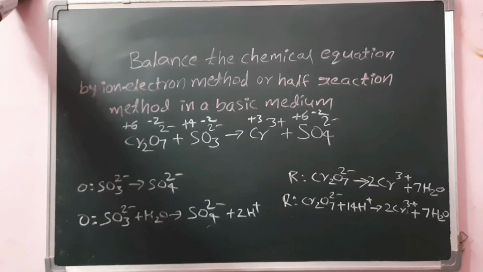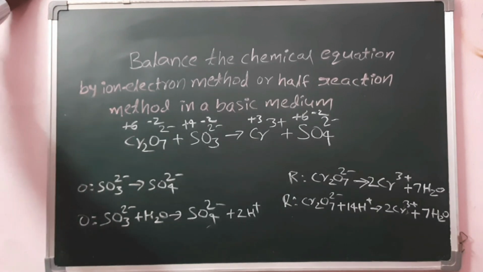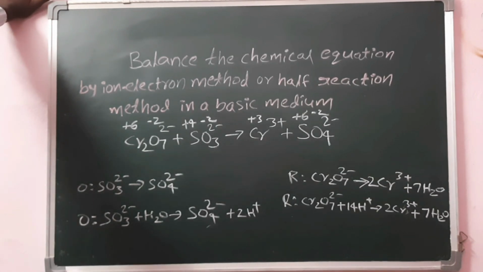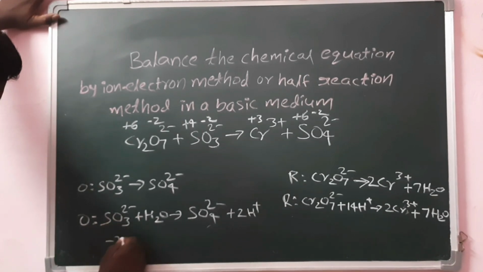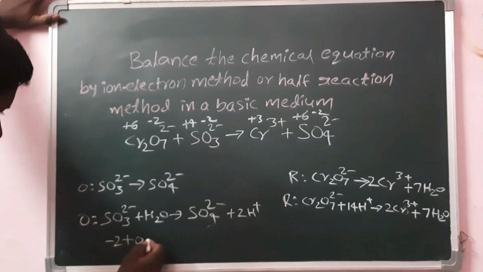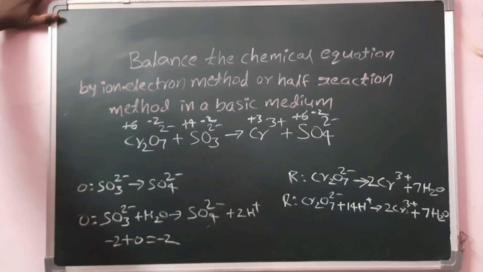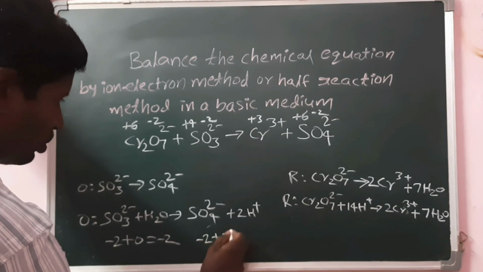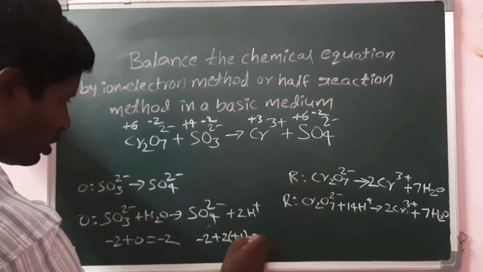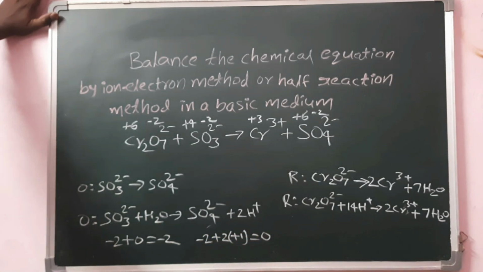For a redox reaction, the addition of charges should be equal on both sides. So try it in the oxidation half reaction. In the oxidation half reaction, addition of charges, here -2 plus 0, so -2. Right hand side, -2 plus 2 into +1, so 0.